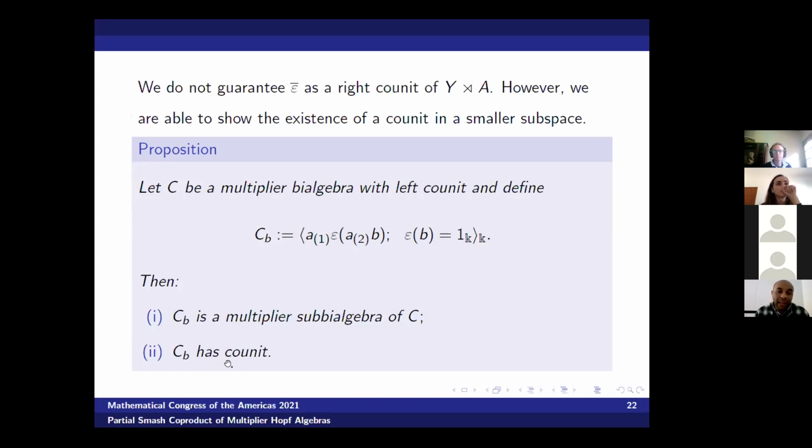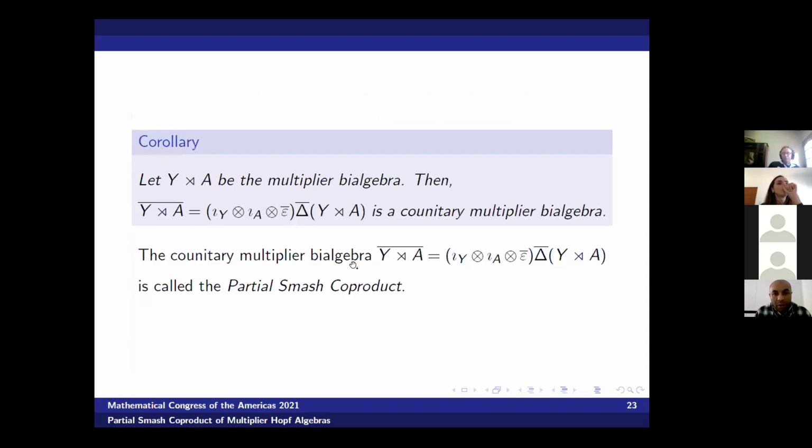And we have the proof that we have a right counit, because we already have the left counit here. So, taking our case, using the previous result, we have a counital multiplier bialgebra structure here that we call the partial smash product.